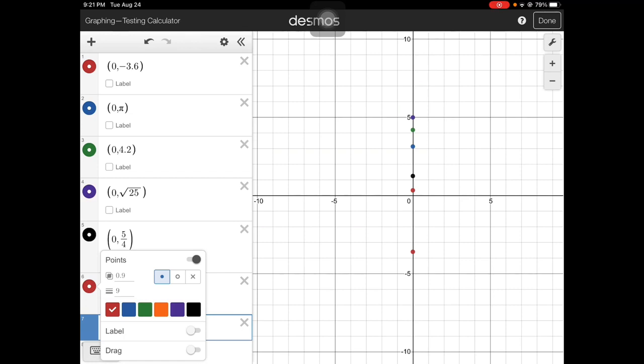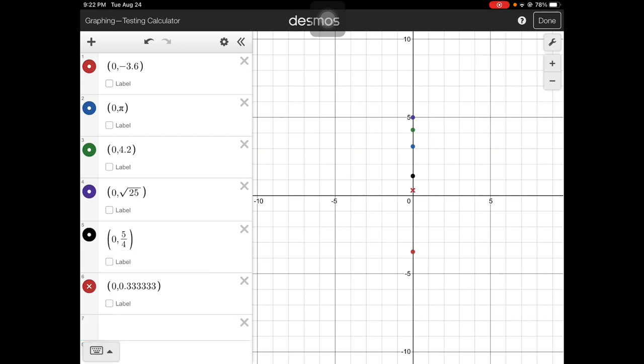So this time I'm going to change the way the dot is on the graph. I'm going to change it to an X. And if you look at the graph, you can see it changes from a dot to an X. That way I can see the difference. Okay, so I'm going to stop.